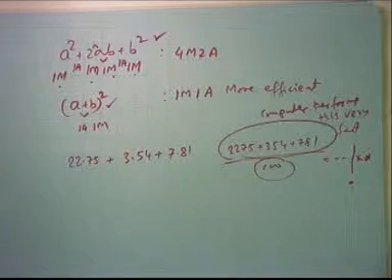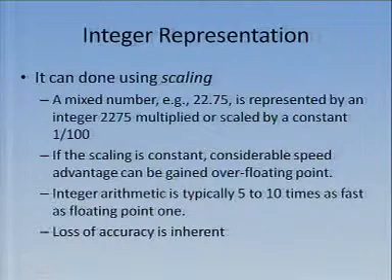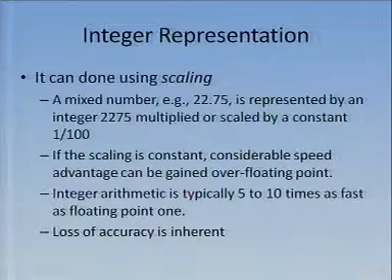So, go back to the slide. If the scaling is constant, considerable speed advantages can be obtained over floating point. Floating point means with the decimals. Integer arithmetic is typically 5 to 10 times as fast as floating point.